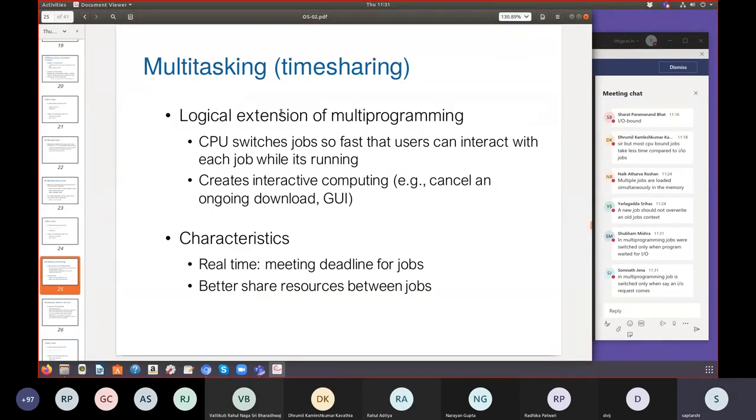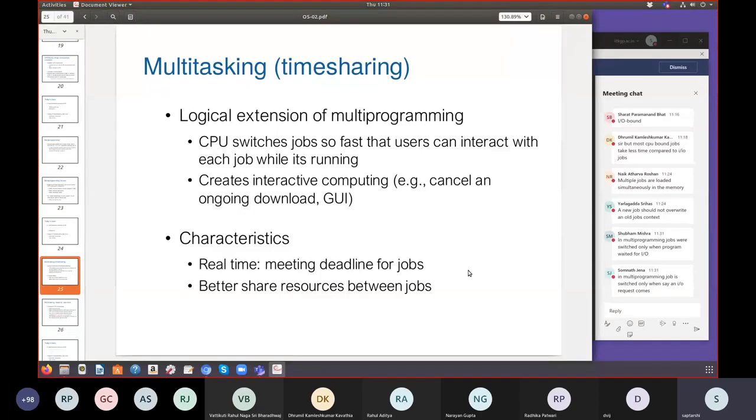So now that we have moved on to time sharing, the characteristics of time sharing is, of course, it is a much more complicated system, which we will understand over the whole of the semester. But the advantage we get is we can work in real time. So actually we can meet deadlines for jobs. You may have heard of something called real-time operating systems.